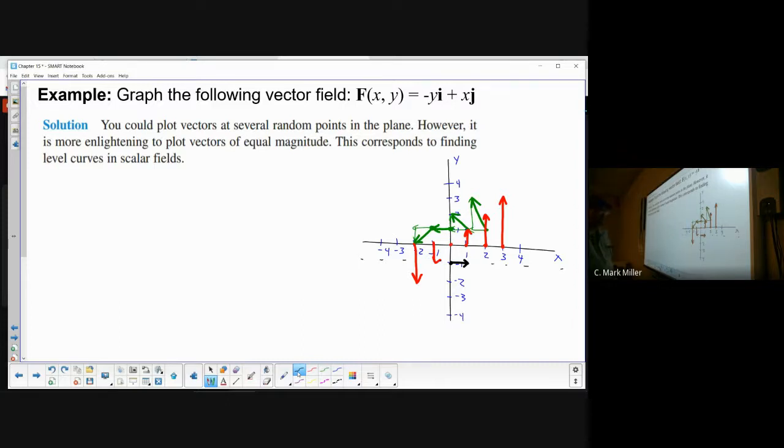How about right here at this point, 1, -1? Y is -1, so it's going to go 1 in the x direction. And then the x coordinate there is 1, so it's going to go 1 in the up direction. So it's going to go up like that. So that vector looks like that at that point.